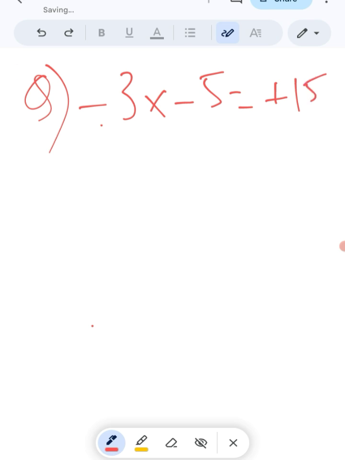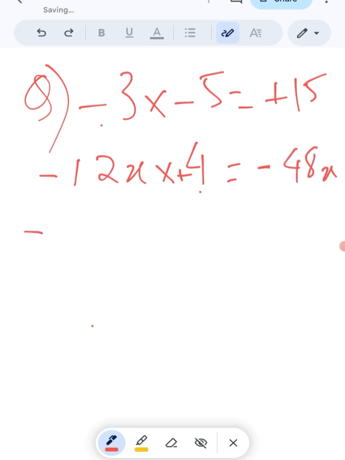Now let's suppose you are having a question: minus 12x multiplied by 4. So what does it become? Minus multiplied by plus. When there is no sign, consider it a plus. So minus multiplied by plus is a minus always. So 4 into 12 is going to be 48x. Now suppose you had minus 12x multiplied by minus 4x.